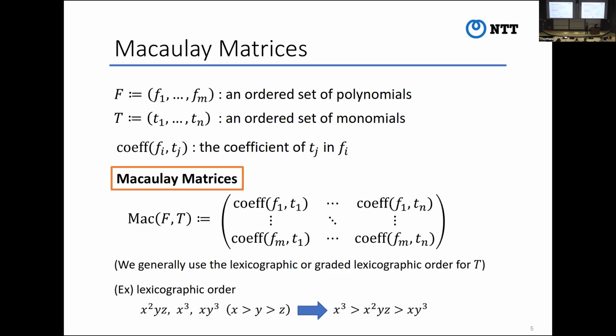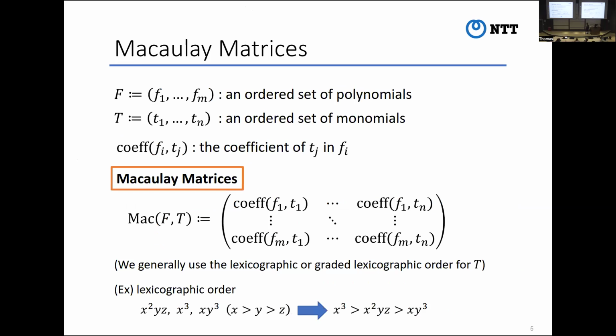Before explaining the XL algorithm, we introduce Macaulay matrices. Here, F denotes an ordered set of polynomials, and T denotes an ordered set of monomials.